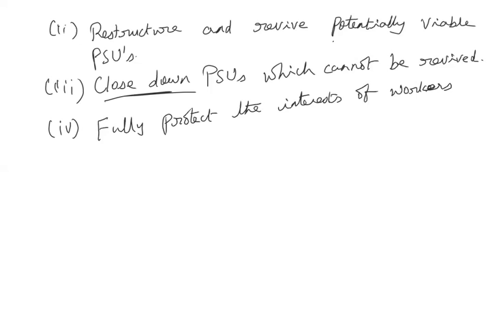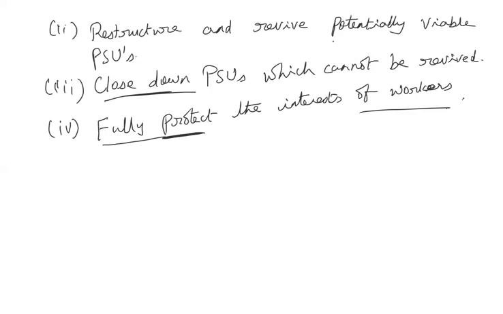The workers will lose their jobs. So something has to be done by the government to fully protect the interest of workers. Some financial compensation or some alternative employment, something has to be done so that the workers will not be deprived of their employment opportunity. So that is the meaning of fully protect the interest of the workers.